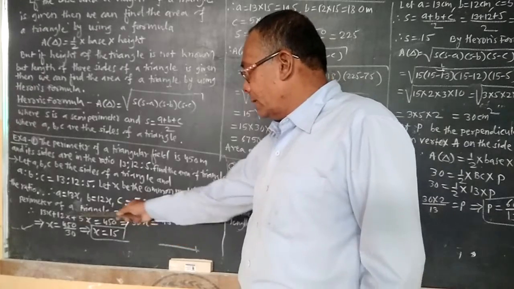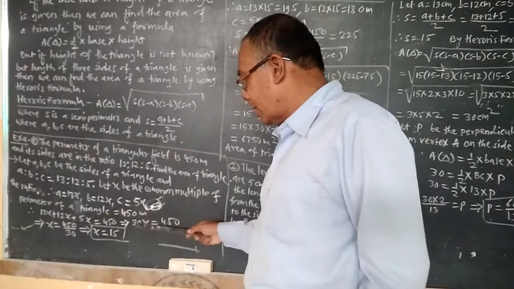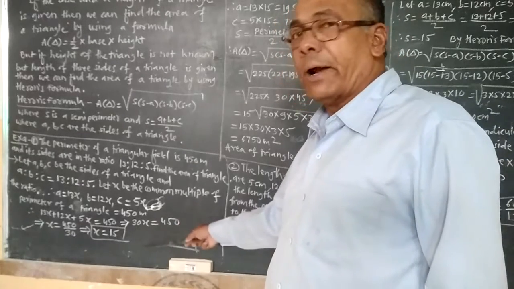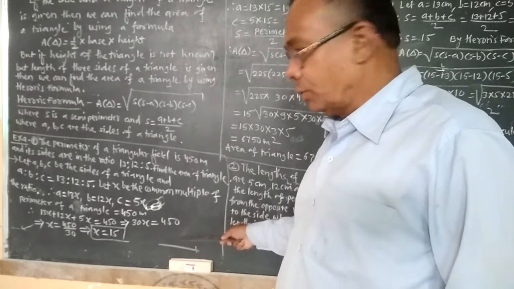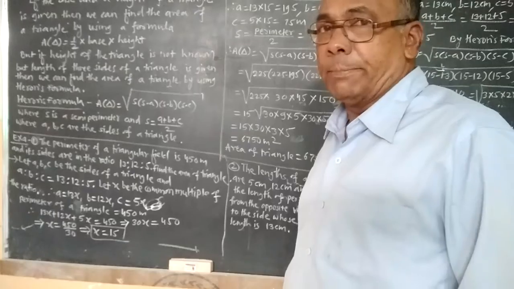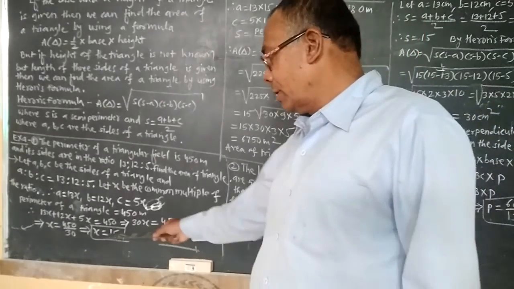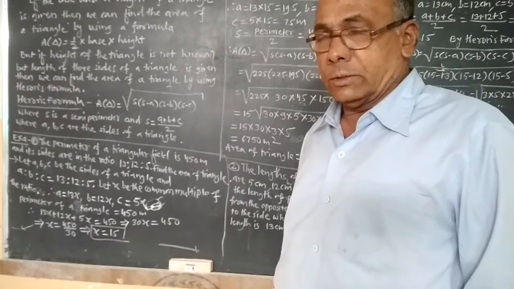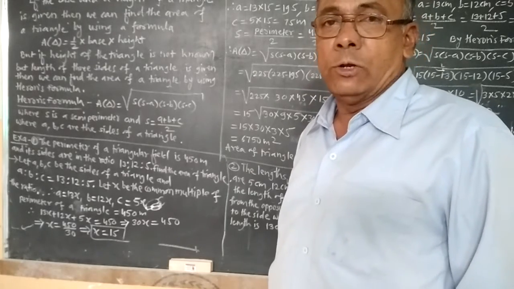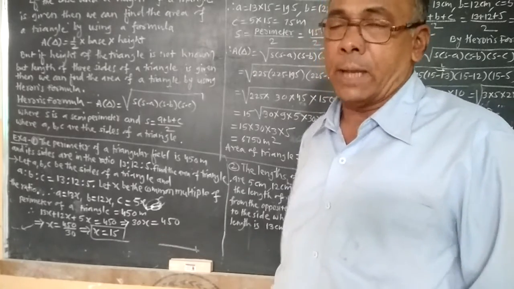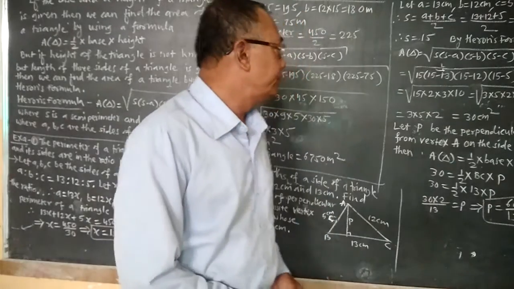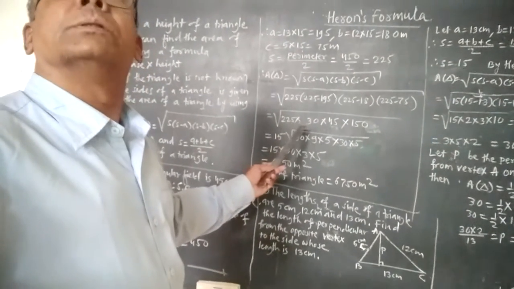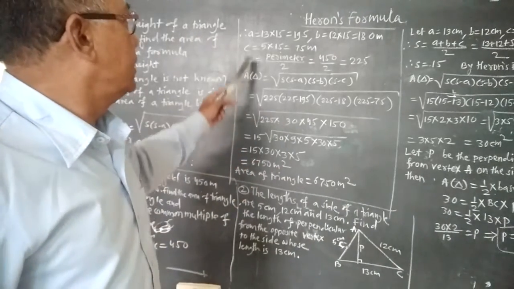And therefore the sum of all the x, it will be 30x is equal to 450. Here 30 will divide on the other side, so x is equal to 450 divided by 30, and therefore x is equal to 15. Here we have found the value of the common multiple x, and now we can find the values of the three sides.